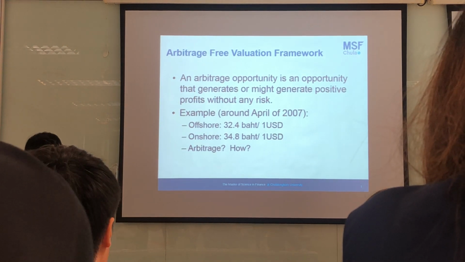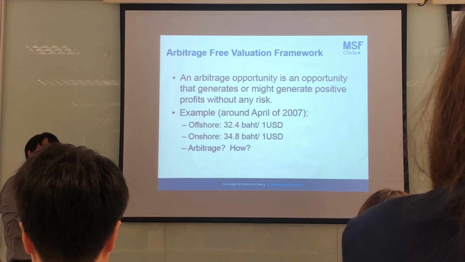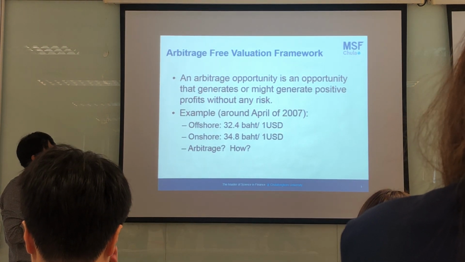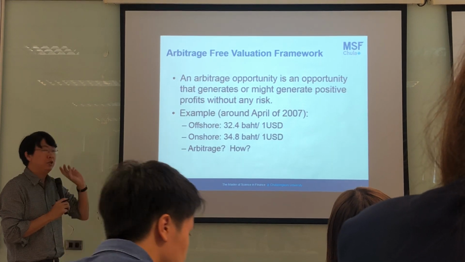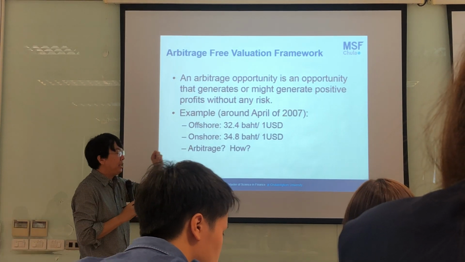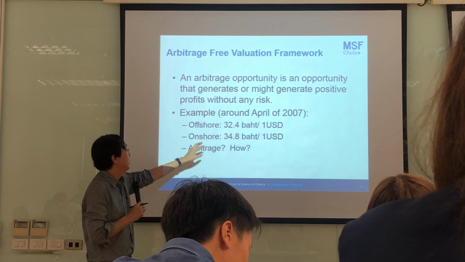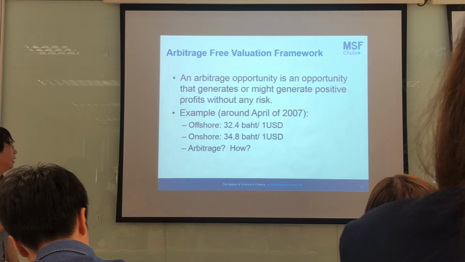One more thing you may be wondering: how can we know this data? Actually, we use a code in Reuters or Bloomberg to get the rate for offshore and onshore. There is a specific code that we can use to obtain this data. You can see that the prices are not the same.